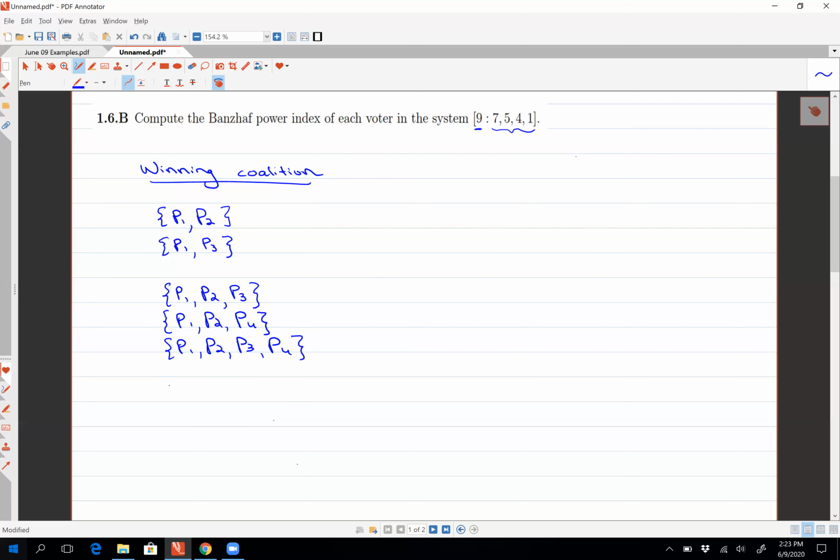And the only one I believe that's missing at the moment is if we start with P1 and P3, we could also add P4 and it would be a winning coalition. If I also considered adding P2, that would be a valid winning coalition, but it's one that we already listed previously. So you don't want to double up here.